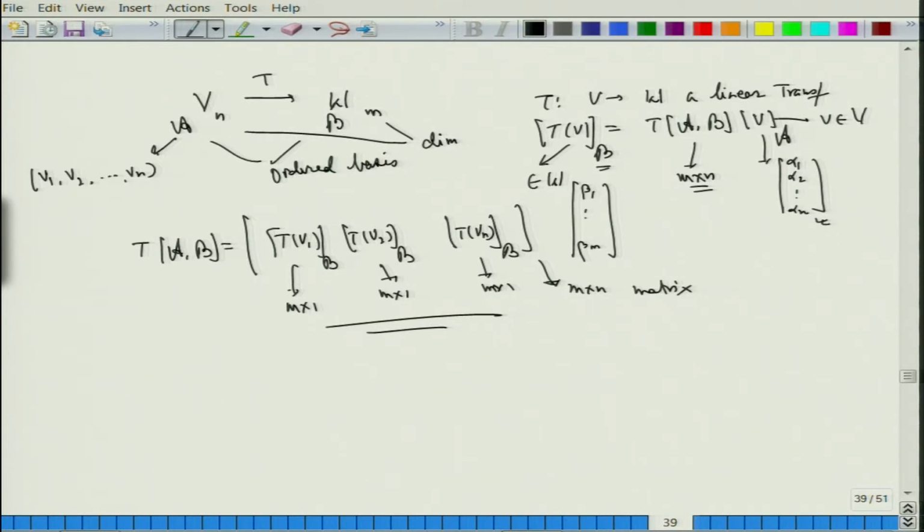We had used this TAB to write the matrix of rotation.